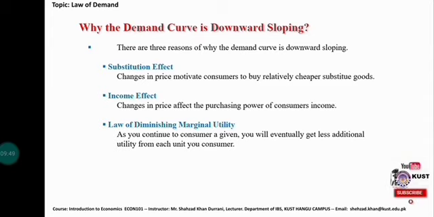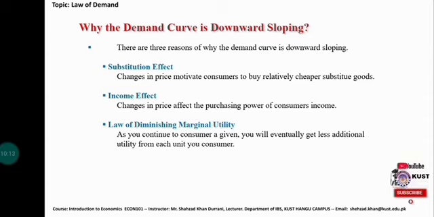When you are consuming a product, the utility or satisfaction that you got from the first consumption of that product will not be the same as from the last consumption of that product.